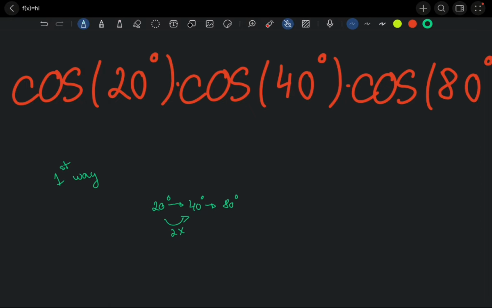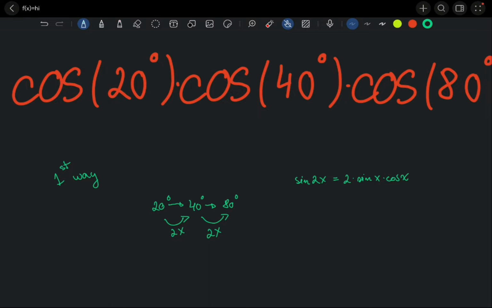So from 20 to 40 we double, from 40 to 80 we double. So whenever we see angles doubling in trigonometry, we should immediately say the double angle formula for sine, which tells us that sine of 2x is equal to twice the product of sine of x and cosine of x.